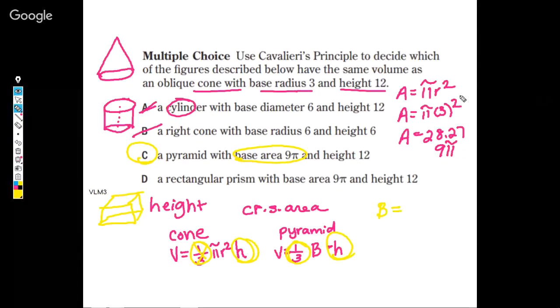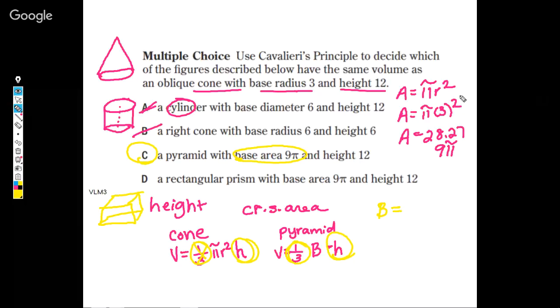Yep. So this one we had to think about the formulas of the shapes. Because the formula of a cone has 1/3, we had to make sure that whatever formula we looked at also had 1/3 in it. So the formula for a cylinder is pi r squared times height. There's no 1/3.